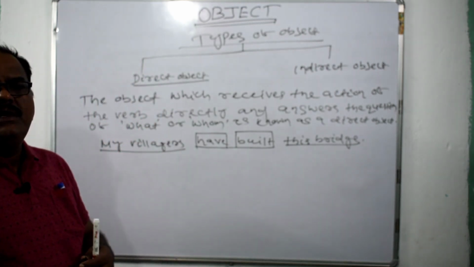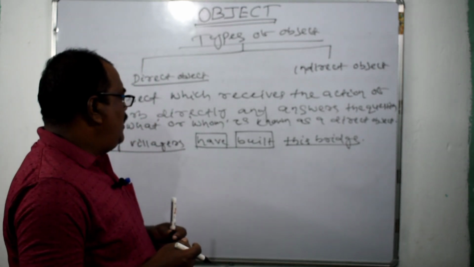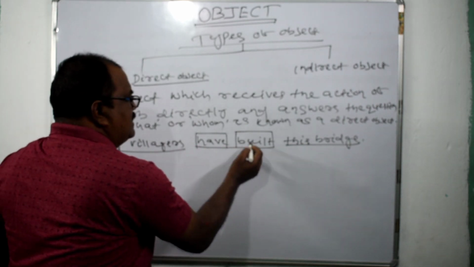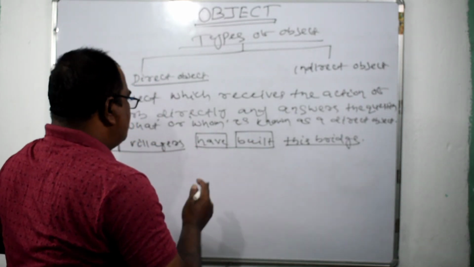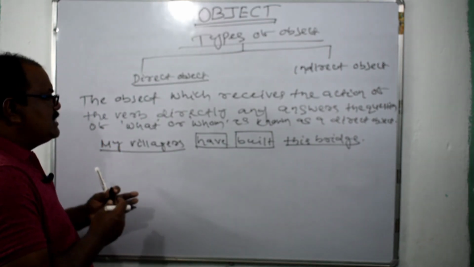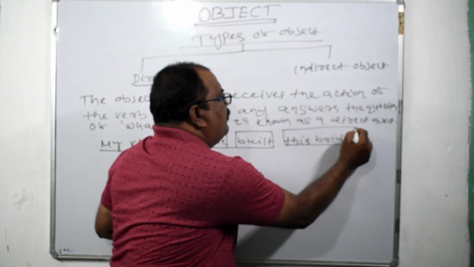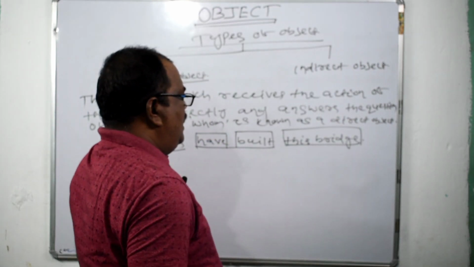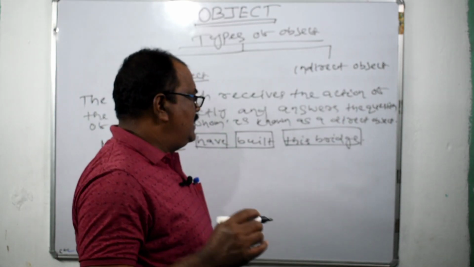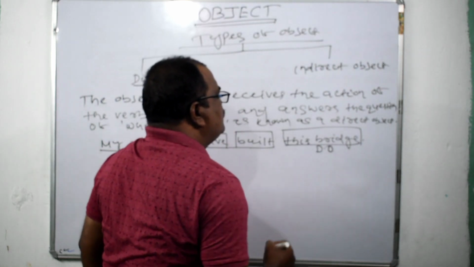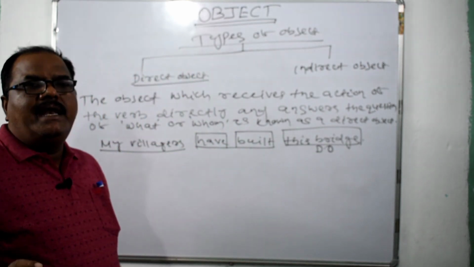What question will you make? What have your villagers built? This part of the sentence, this bridge, answers the question what. Therefore, this part is known as direct object.